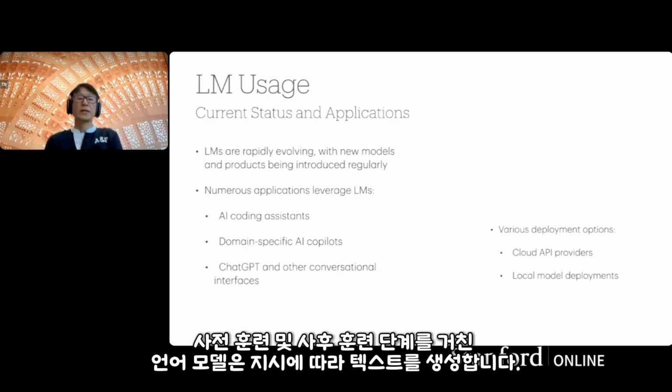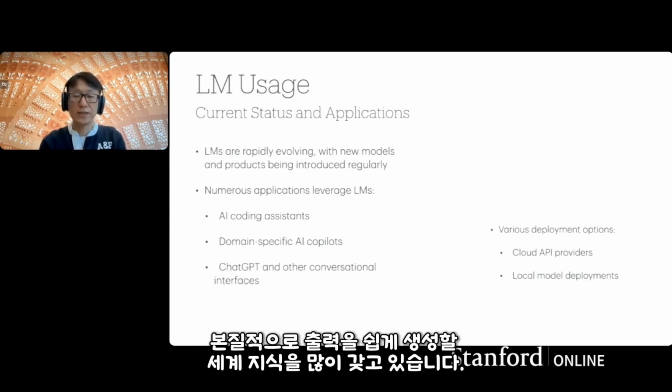All right, so a language model that is trained on the pre-training stage as well as the post-training stage is quite capable of generating text given an instruction. Essentially, it has a lot of world knowledge that could easily generate the outputs.